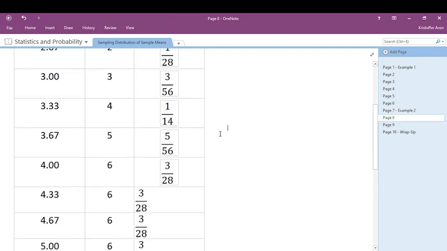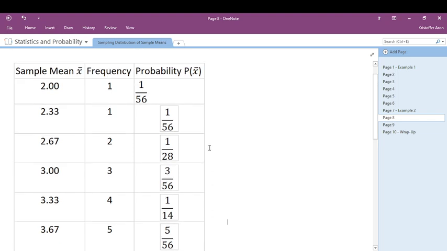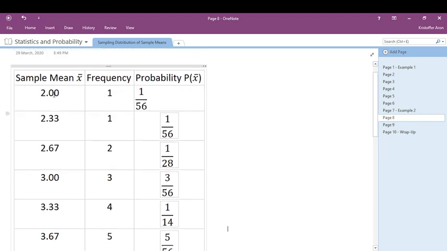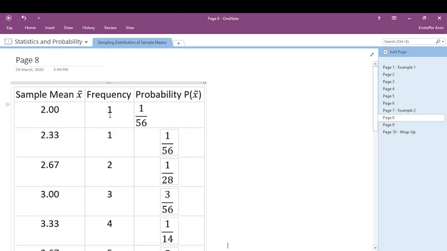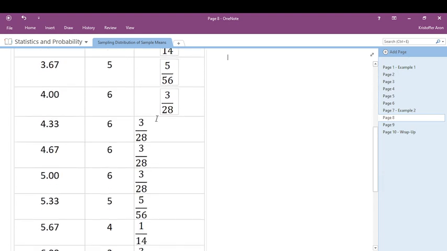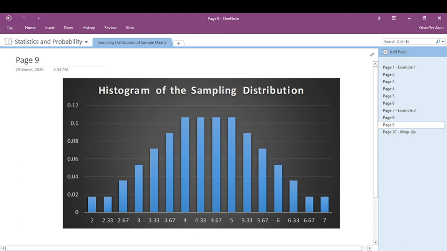After listing down those 56 samples of size 3, you will get these sample means, the frequency for each, and the corresponding probability. If you look at its histogram, this is quite a perfect normal distribution.